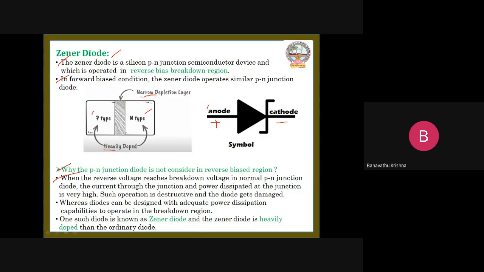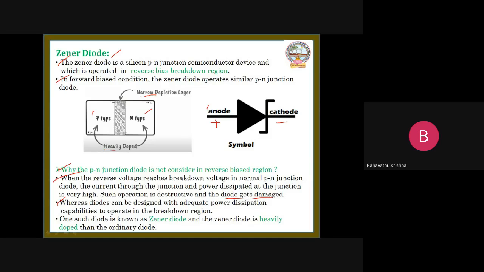Okay, by that procedure, the high power dissipated across the junction due to the increasing number of charge carriers gets the device damaged. Whereas, here second point, the diode can be designed with adequate power dissipation capabilities to operate in the breakdown region. So in a normal PN junction diode, the diode gets damaged.